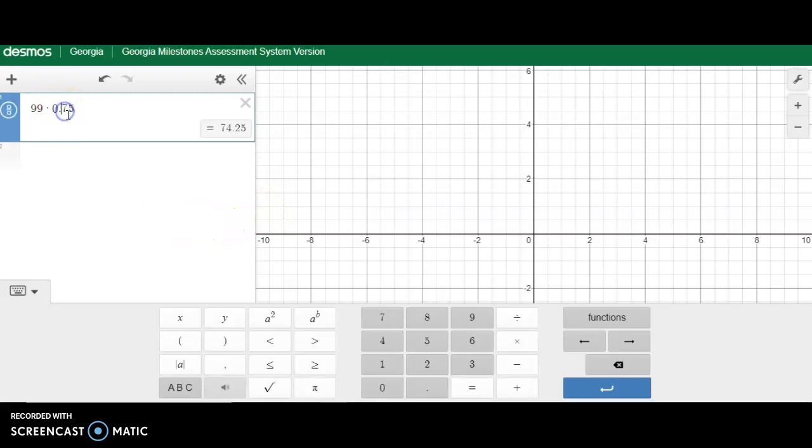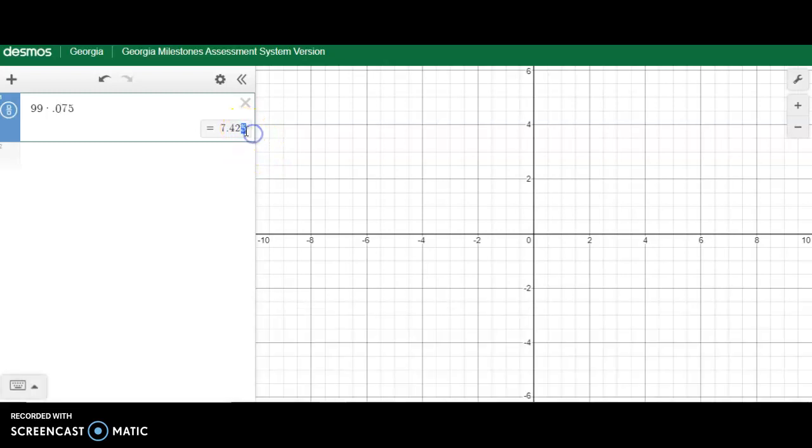Wait, I put the decimal in the wrong place there. This would be 0.075. So $7.43 if we round it, because remember this 5 back here is going to make the 2 go up to a 3. So $7.43.